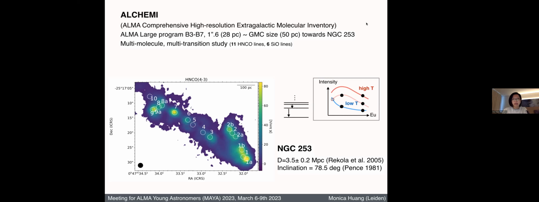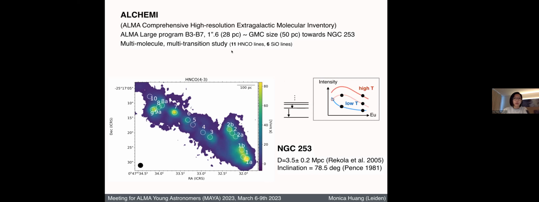So this scan is pointed towards the nearby starburst galaxy NGC 253, with a distance of less than 4 megaparsec, and this galaxy is almost edge-on.